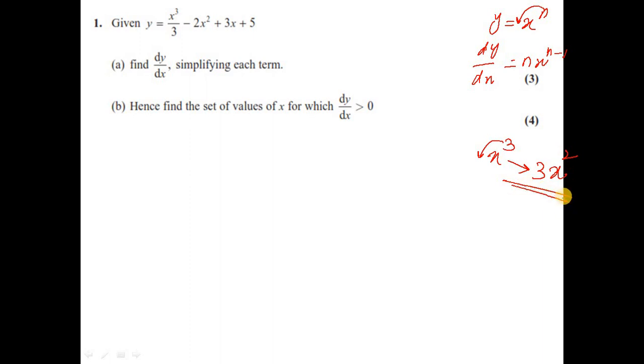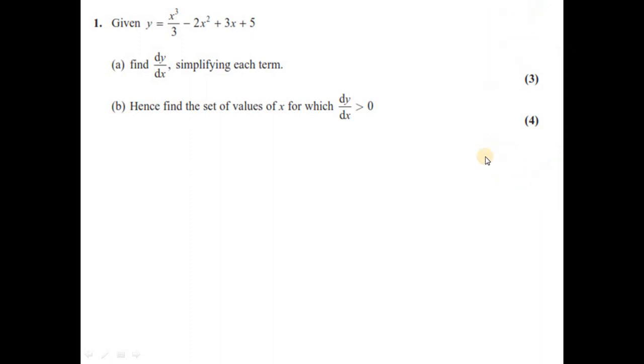Use the same concept, so you can apply the rule to differentiate each term of this equation. That means the left hand side, dy by dx, is equal to x cube by 3 differentiated, 3x squared by 3, minus 4x plus 3, because the derivative of x is 1, so 3, and the derivative of a constant is 0, so plus 0.